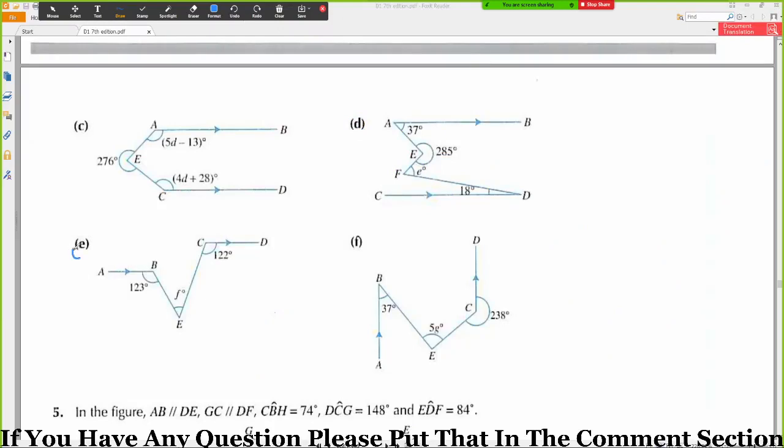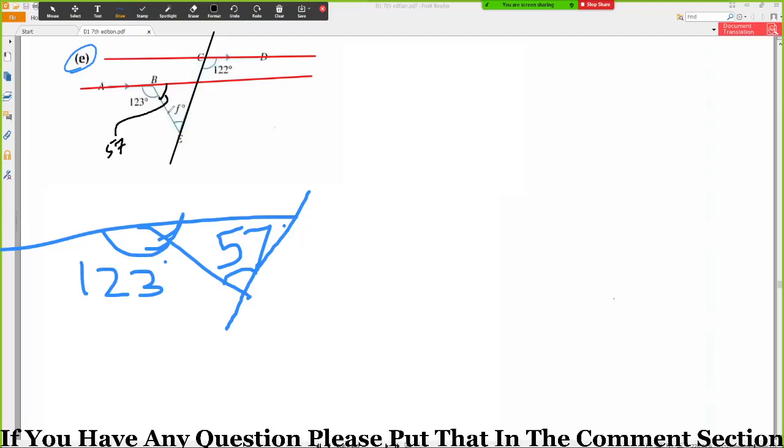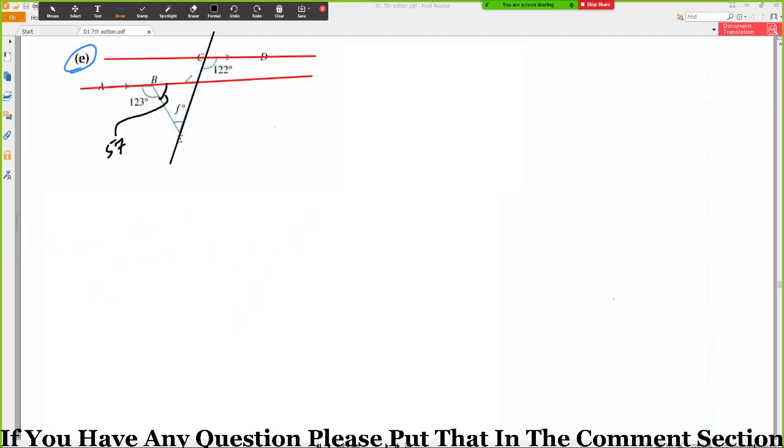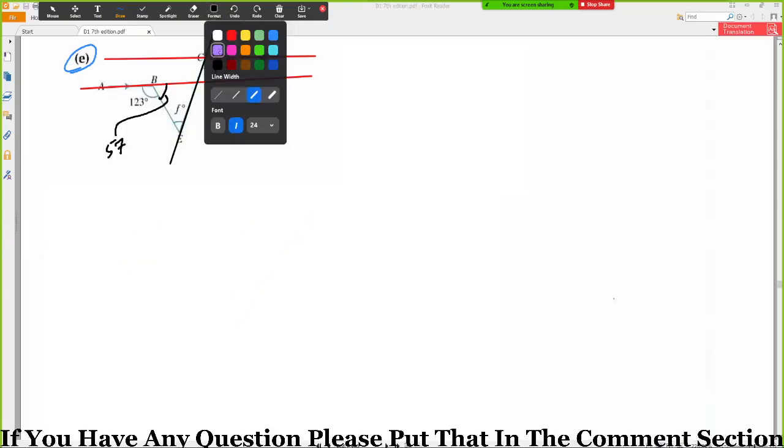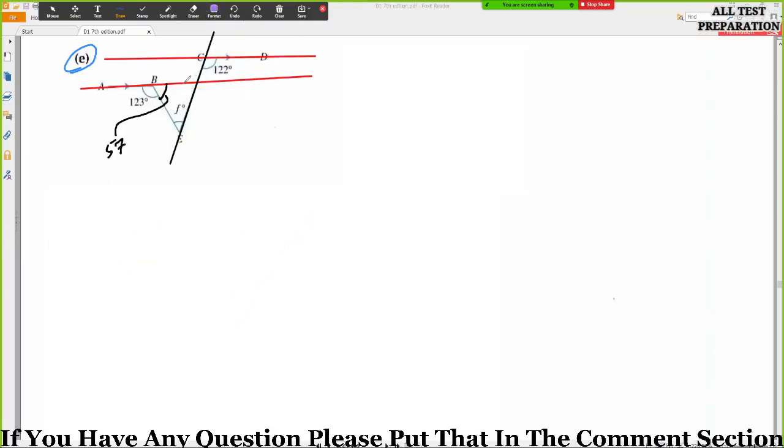Yes. Okay, now solve part E. Okay, this angle is the alternate angle of this one, 57 degrees. Yes, you need to find the value of f. So here this angle is the alternate angle of this one.